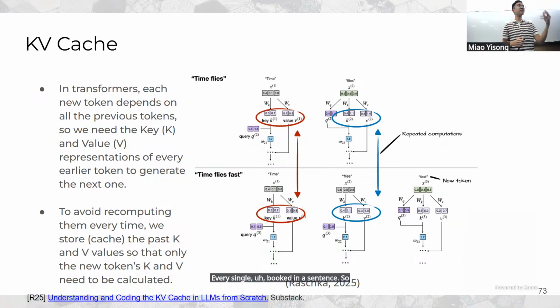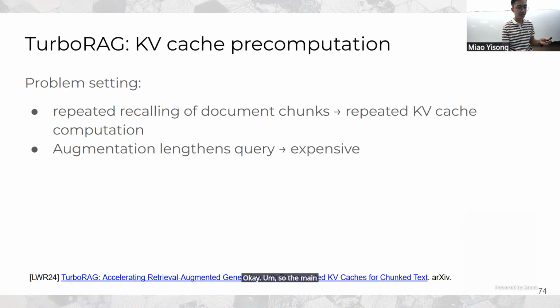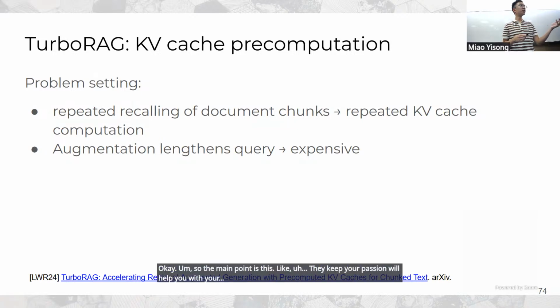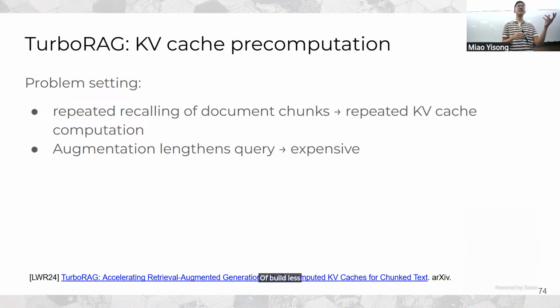To avoid this recomputation, we store the past K and V values of the previous tokens in a cache, so that every time you have a new token, you only need to calculate that new token's K and V values. The main point is that the KV cache helps you compute less for every token.